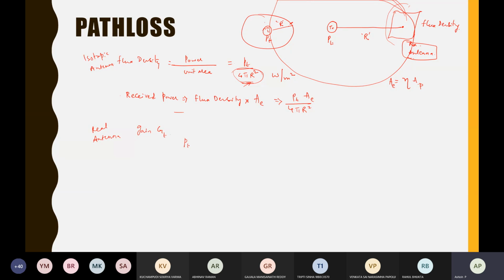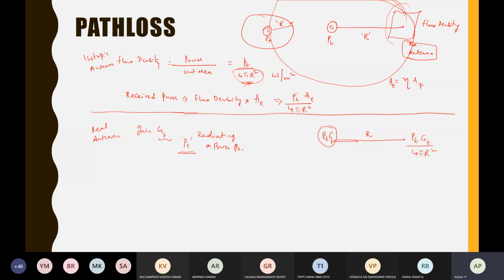If it is radiating a power of PT and its gain is GT, that means it is radiating PT into GT amount of power. So at a distance of r, the received flux will be PT GT by 4 pi r square. That is the difference between the isotropic antenna and the real antenna.